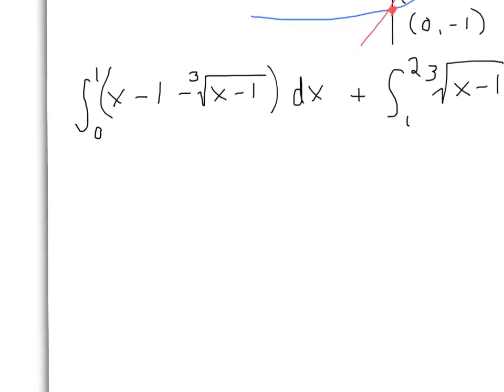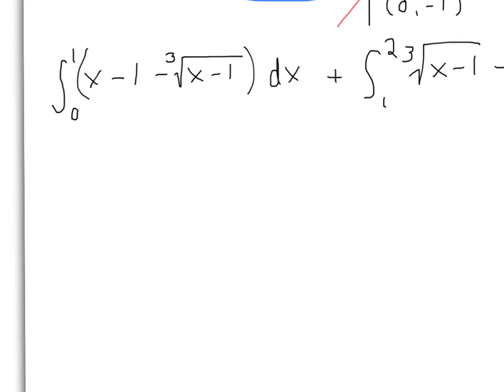All right, so let's get to it. These first two terms integrate really easily. x goes to x squared over 2, -1 goes to -x. For this piece right here, we could use a u sub. We would let u equal x minus 1, and then du dx is 1, so du and dx are equal, so you can do a direct substitution, which means I can pretty much just do reverse power rule on this.